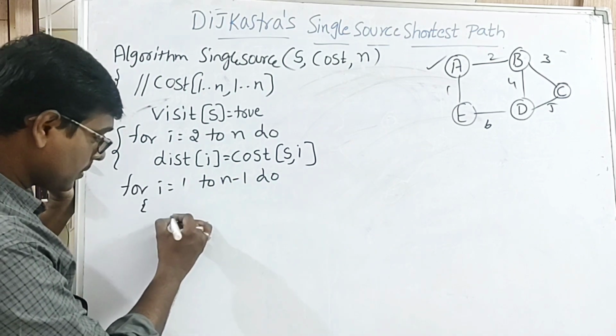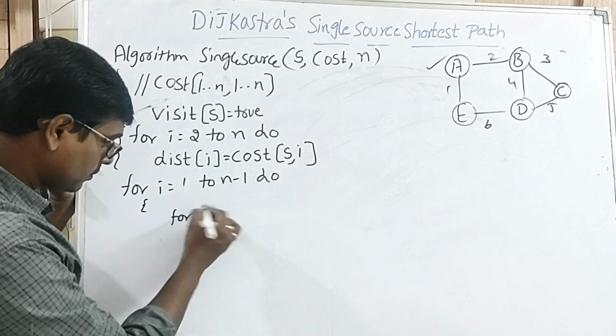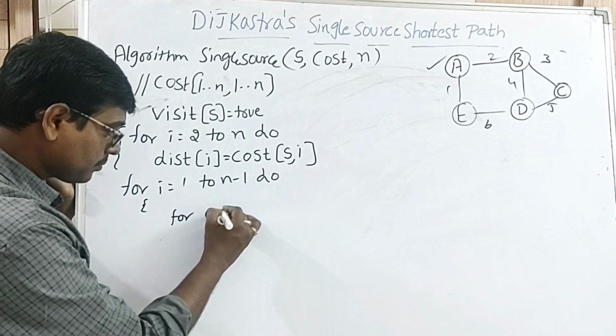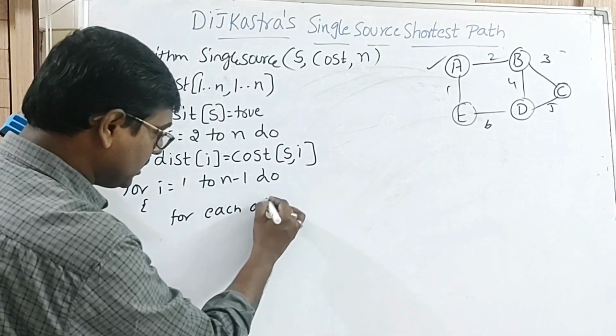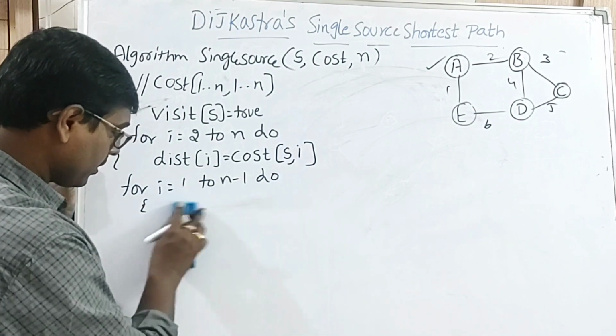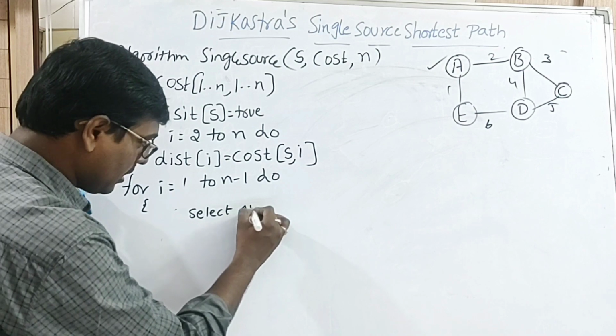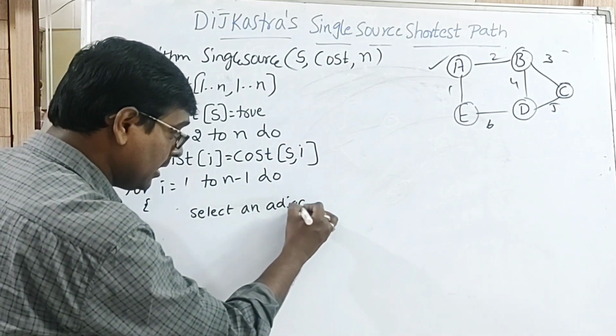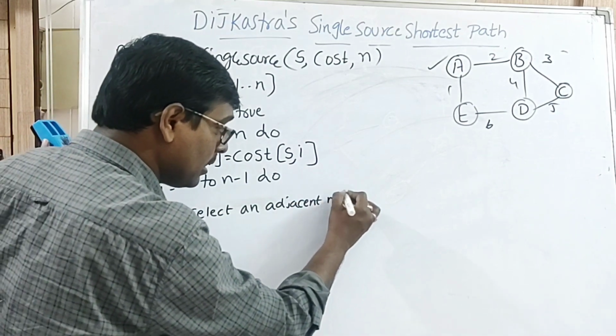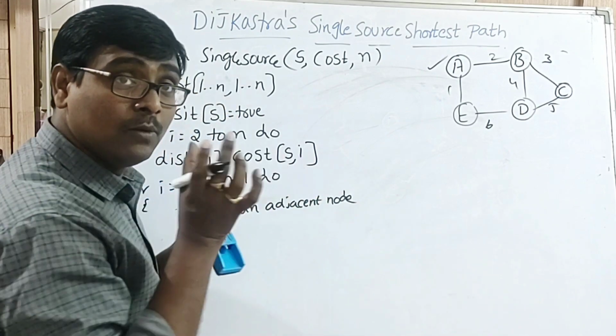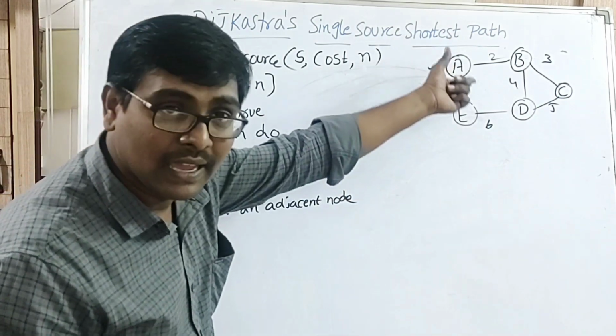What is the change? Select an adjacent node. Why am I using the adjacent node? Because that is a direct edge.